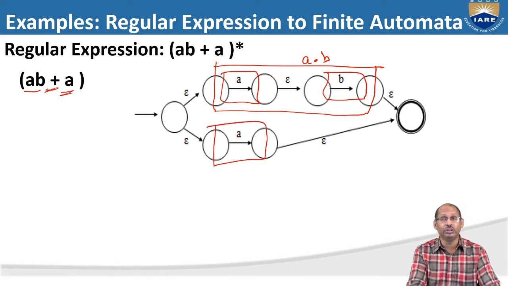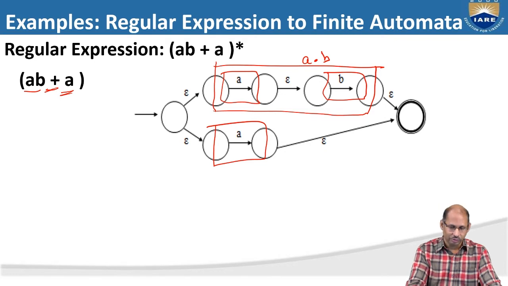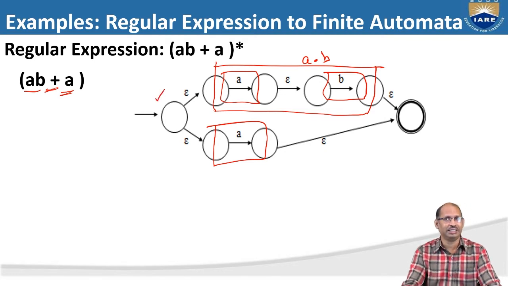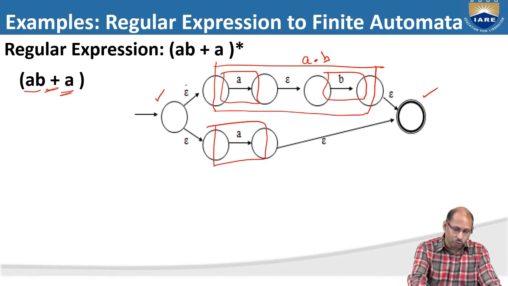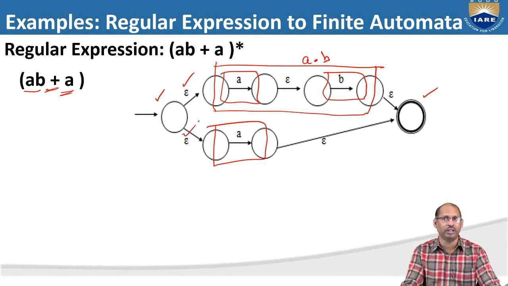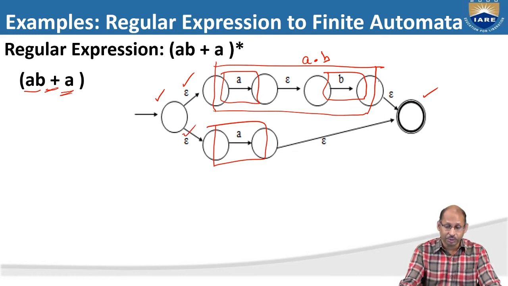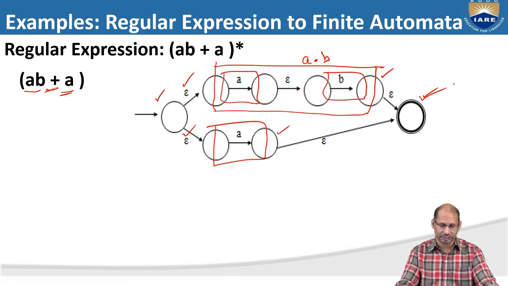Then what is a union? For union, we add an initial state, we add a final state, we connect the initial to both the initial states with epsilon transitions, and from both the final states to the complete final state with epsilon transitions.